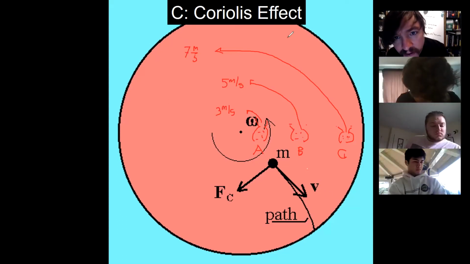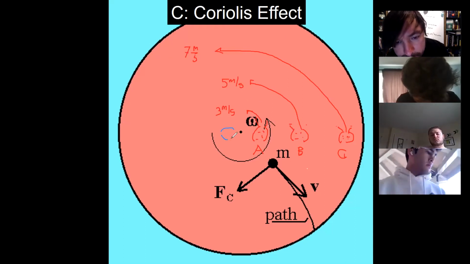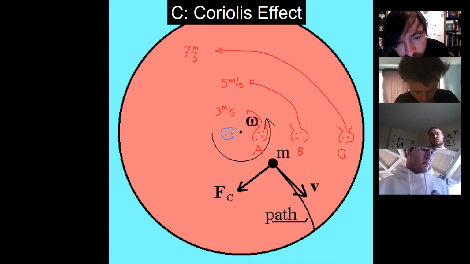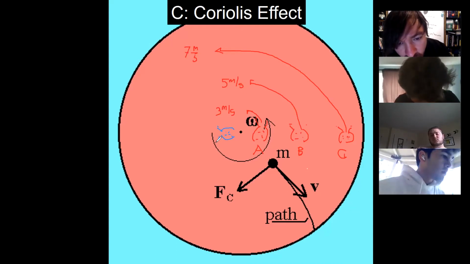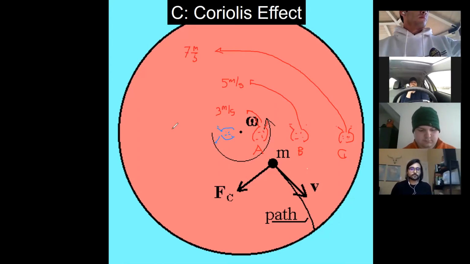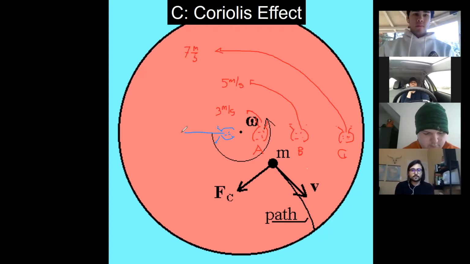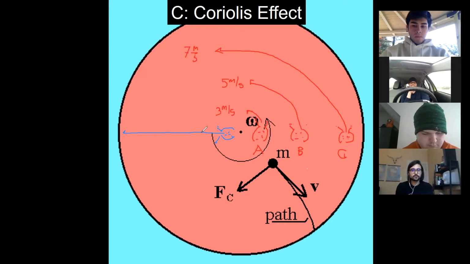Imagine what would happen if we had a weird ladybug, a blue ladybug, and let's imagine that the blue ladybug suddenly tried to walk from the inside of the record to the outside while the record was spinning. At first, the ladybug would be traveling at 3 meters per second. But as she stepped over larger and larger circles, the ladybug would be stepping on parts of the record that were rotating faster than she was.